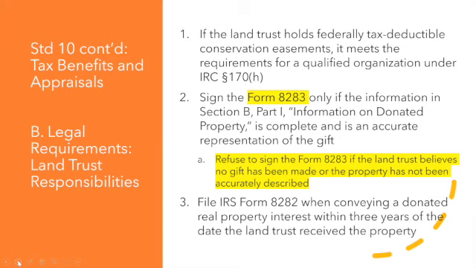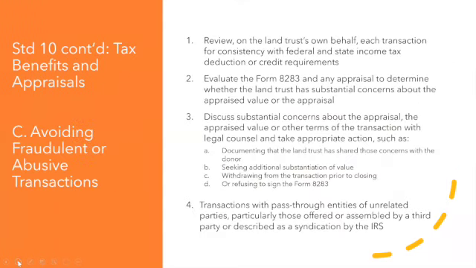And if the land trust has reason to believe that the information is inaccurate, or if no gift has been made, so if the value is highly inflated or the description is wrong, it should take further action to address this rather than just signing the Form 8283. And it should never sign a blank 8283.